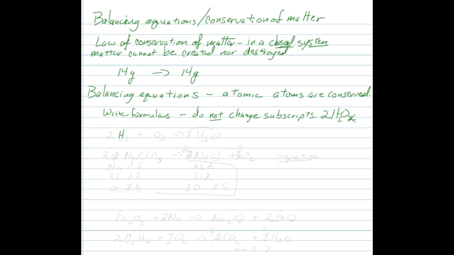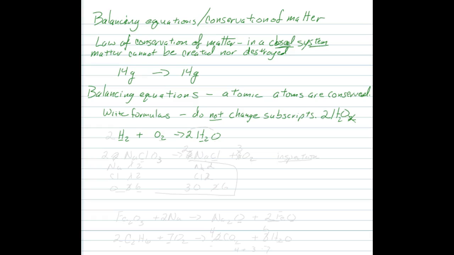So if you have your basic formula, hydrogen plus oxygen yields water. Water is written correctly. Hydrogen and oxygen are diatomic. You've got to remember those. The hydrogens are correct. The oxygens, you need 2, but you only have 1, so you multiply by 2.